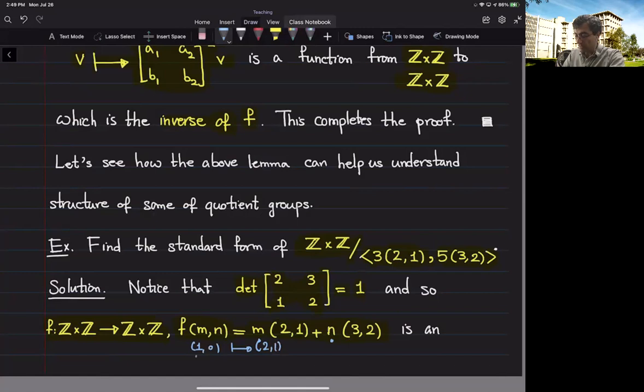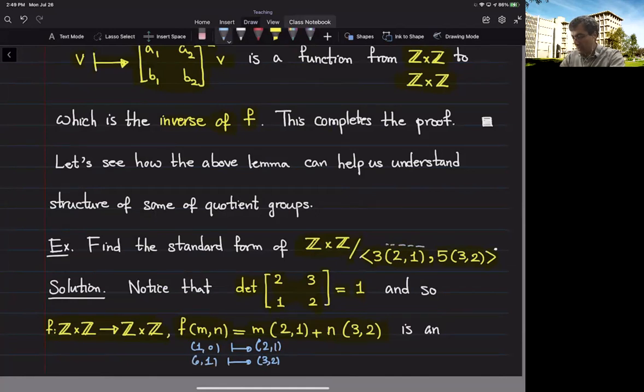And where does it send (0,1)? This time I have to plug in 0 for m and 1 for n, and therefore the first term disappears and only the second vector remains. So f sends the standard vector (1,0) to (2,1), and (0,1) is sent to (3,2). And that's kind of what we wanted.